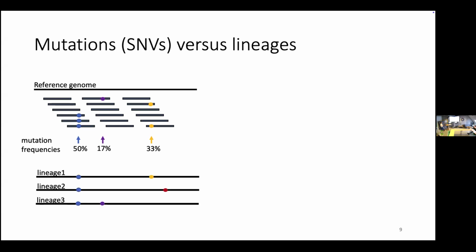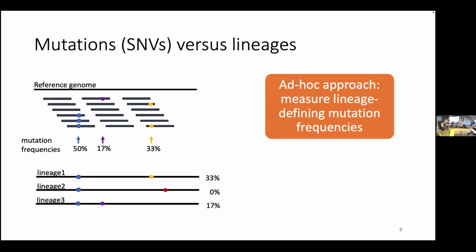So now suppose that we are looking for 3 different lineages, and we know how these are defined. Lineage 1, for example, has the blue and the yellow mutation. Lineage 2 has blue and red, and lineage 3 has blue and purple. I realize the colors are not very clear, but I hope the general idea is clear, that based on the frequencies that we observe, we can figure out how abundant the different lineages are.